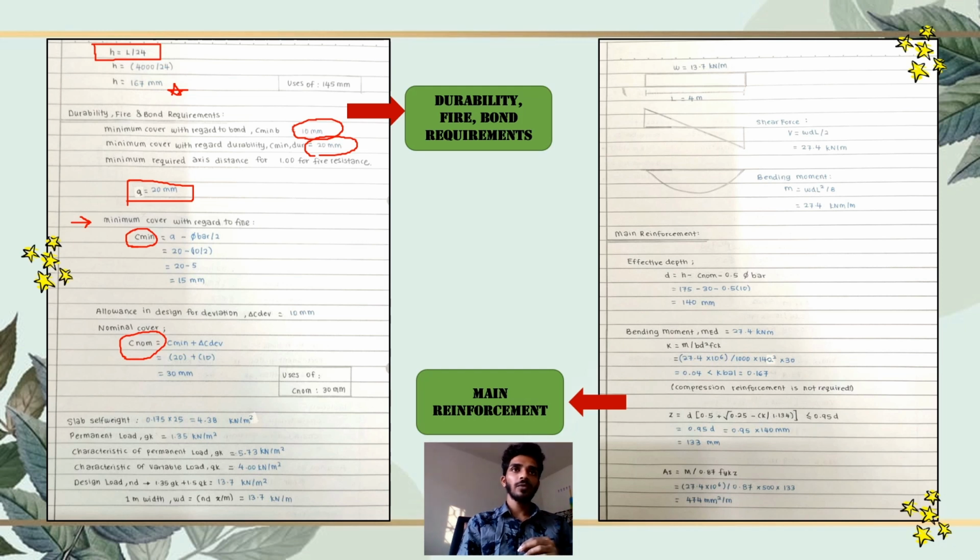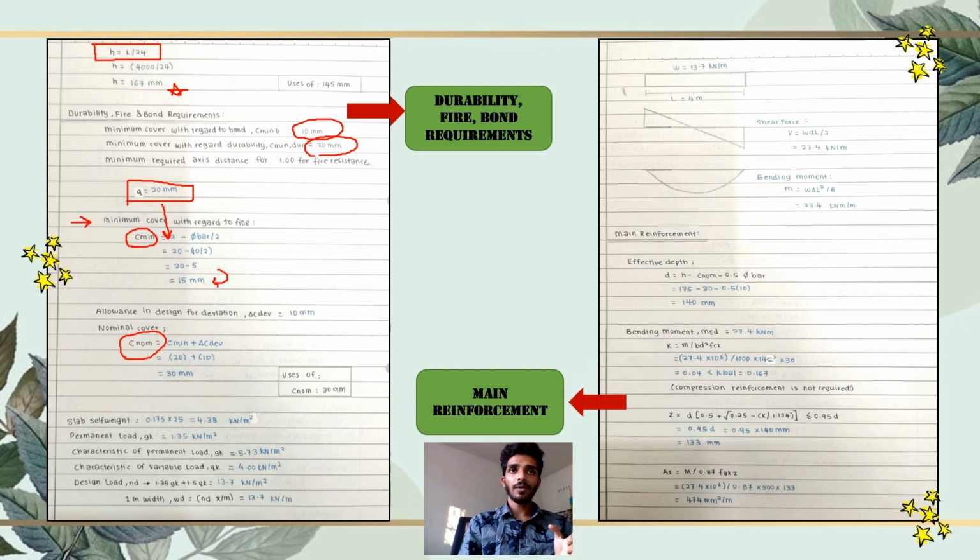The very first one is a minus bar size divided by 2. Our a is 20, and we're using a bar size of 10. The 10 needs to be divided by 2 because it's the formula, so we get 5. Then 20 minus 5, we get 15 millimeters.